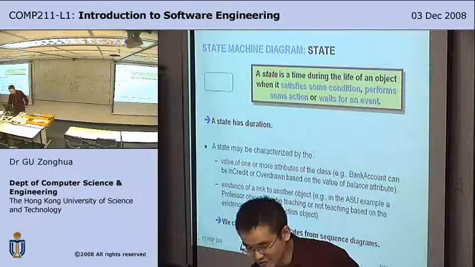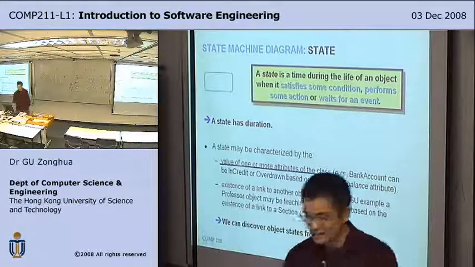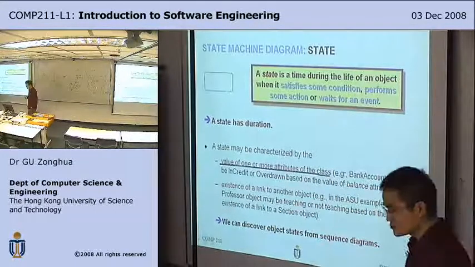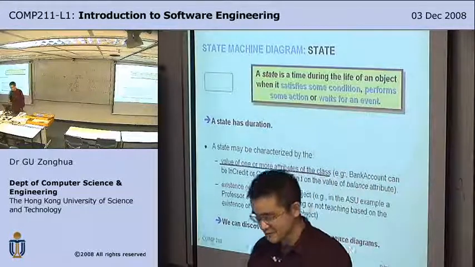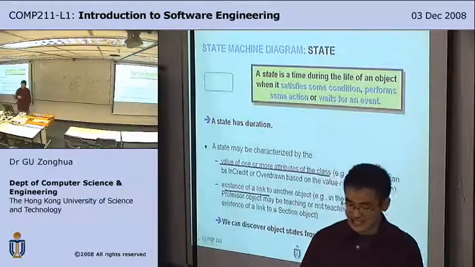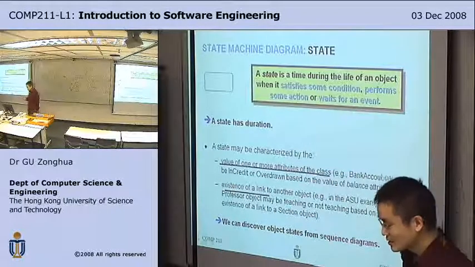So state may be characterized by the value of one or more attributes of the class. The bank account can be in credit if the balance is greater than or equal to 0, overdrawn if not, and existence of a link. Say a professor can be teaching if there's a link to a section object.